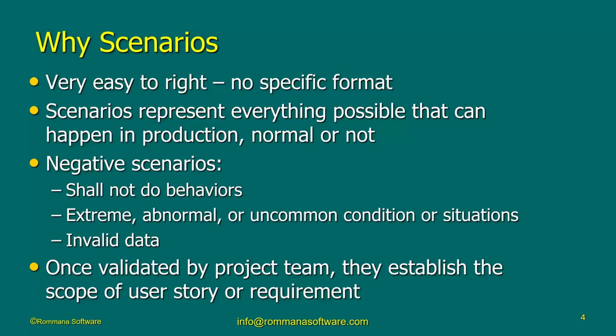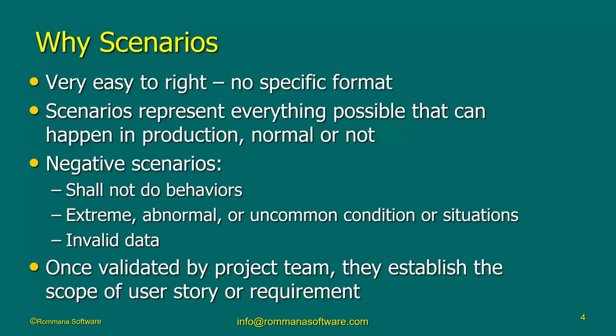And because you can imagine, we are supposed to deliver applications that address every possible scenario that could happen in production. Now, scenarios can be positive and negative. Positive scenarios are those normal course of action scenarios.